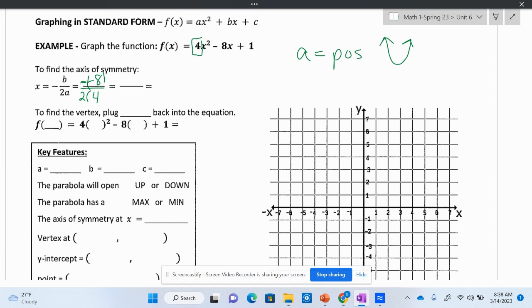The opposite of a negative is a positive, and 2 times 4 is 8, and so it does equal 1. Now remember, this is an x equals equation, so your axis of symmetry is at x equals 1. So where x equals 1 on my grid, I'm going to draw a dashed line.